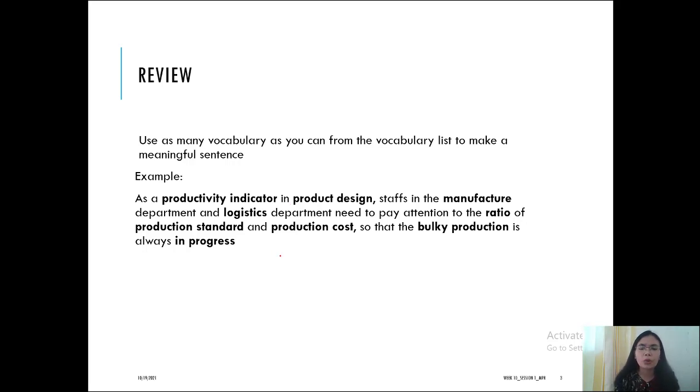Of course, when you want to integrate all this vocabulary into one sentence, you also need to make sure that you get the class of the words right and the meaning of the words right as well, so it can make a meaningful sentence. Okay, so please do this, and then we will discuss this in our practicum session.